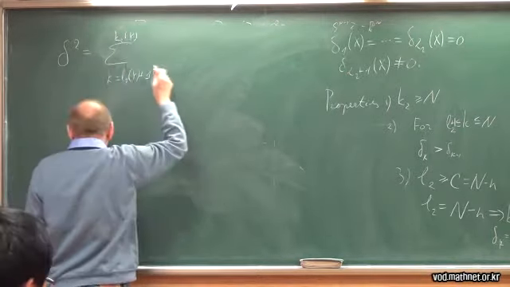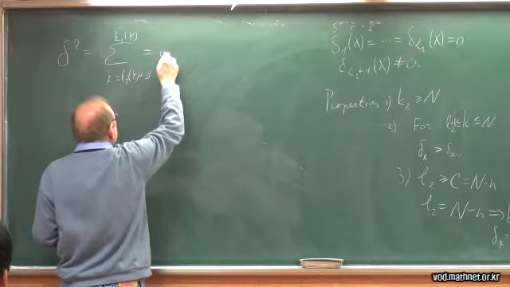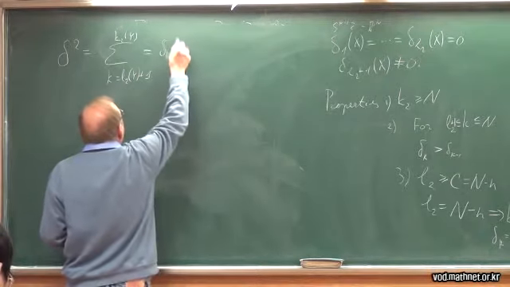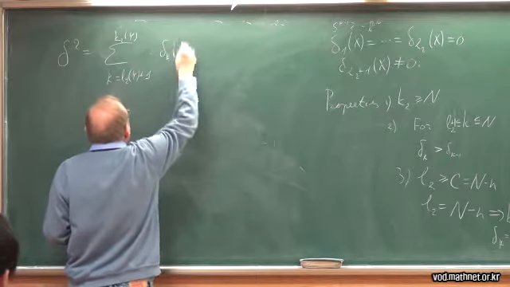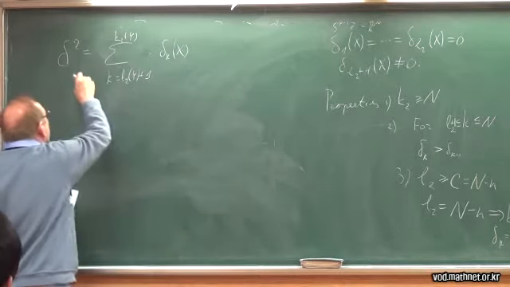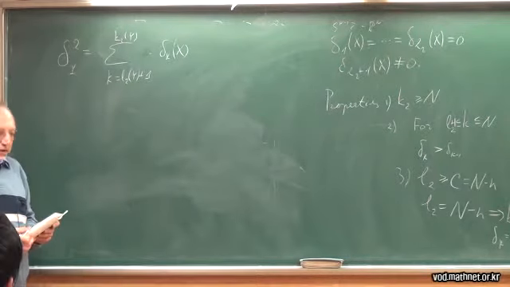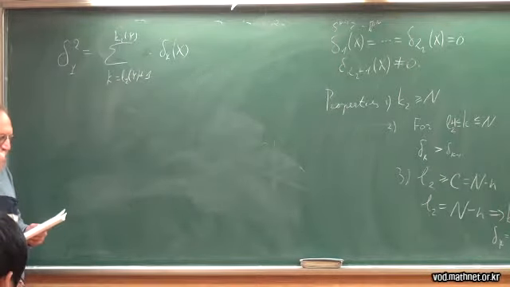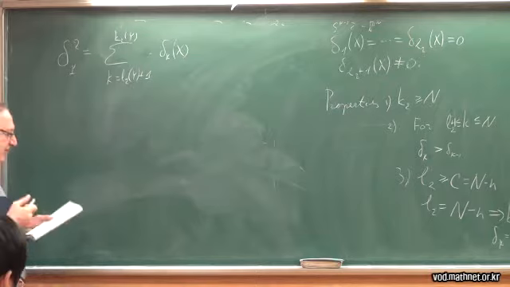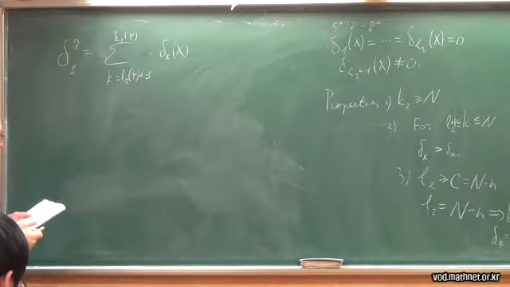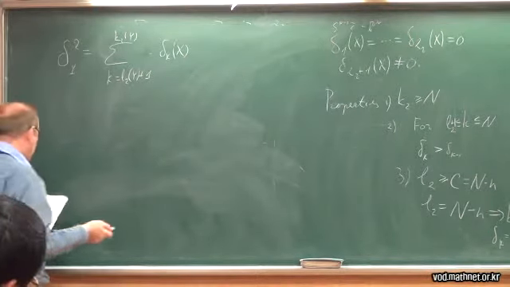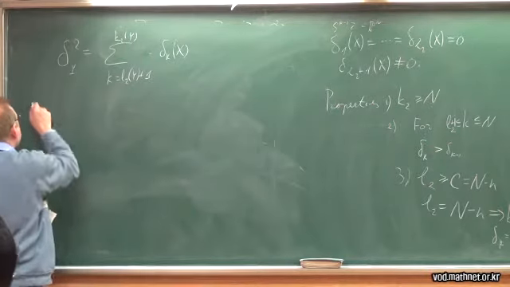We sum up all non-trivial secant deficiencies and denote this by delta 2. The sum of all deficiencies, which, if some deficiencies are non-zero, is non-zero. And so I write the following proposition.